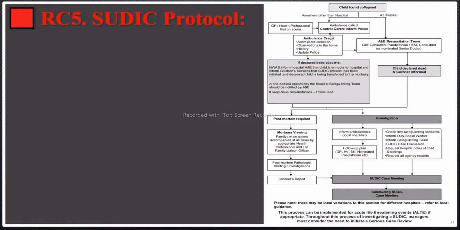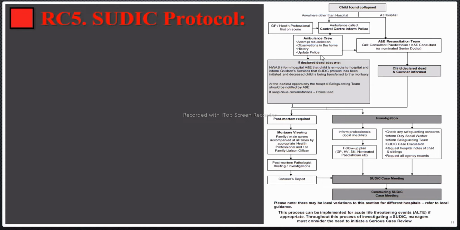So here, if the child is found collapsed, whether inside the hospital or outside the hospital, it can be a question in the exam. If GP or health professional is first on scene, you can call the ambulance control center, inform police, ambulance crew attempt resuscitation, observation in the home, history, update police.